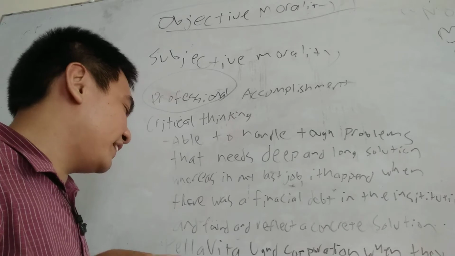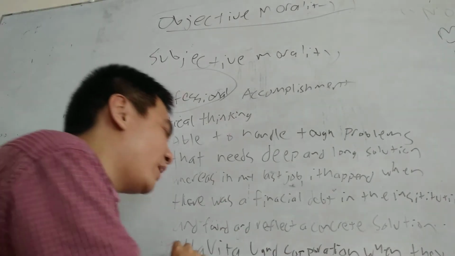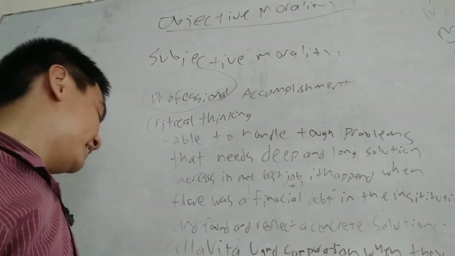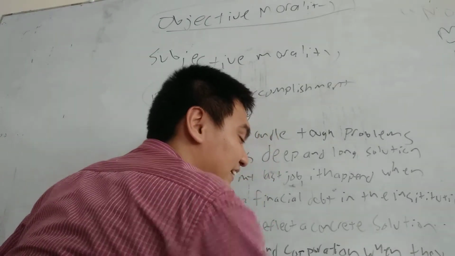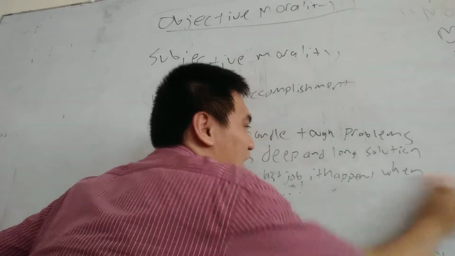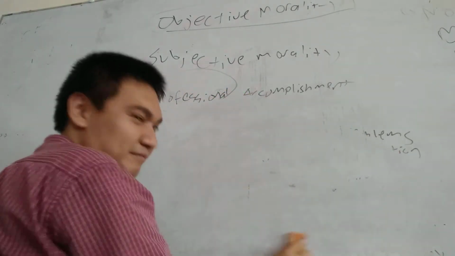The first one is explaining the situation, then the elaboration. So the situation is Bella Vita Land Corporation, then the elaboration, and when, of course, there were missing documents. That will be the output of how your professional accomplishments work.